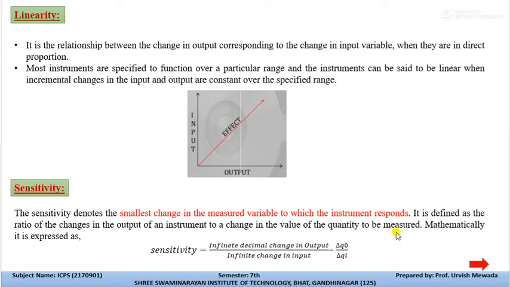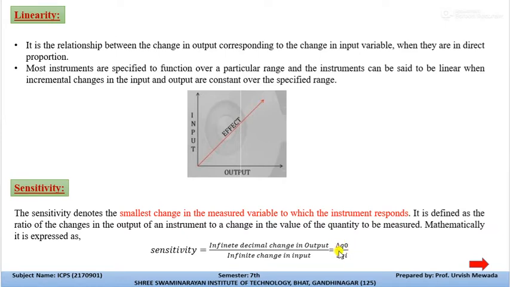Sensitivity is the ratio of an infinitesimal change in output to an infinitesimal change in input, so it can be measured using this ratio.